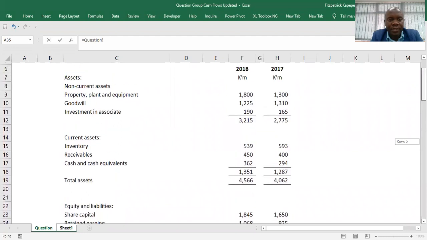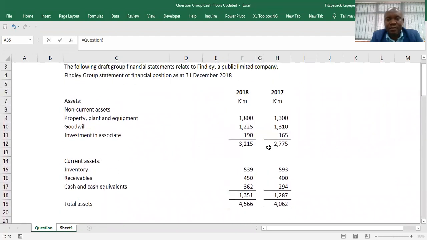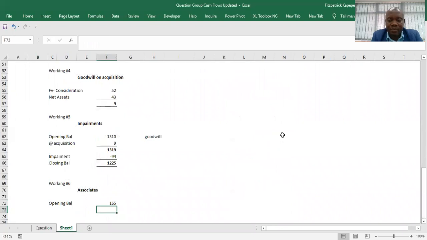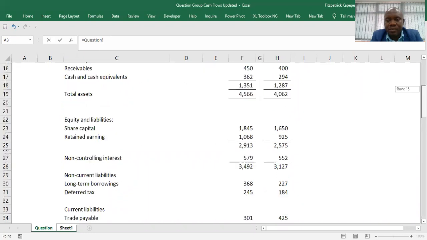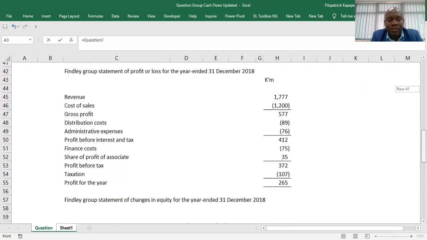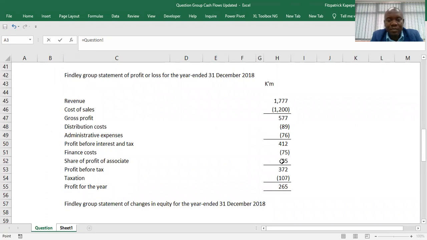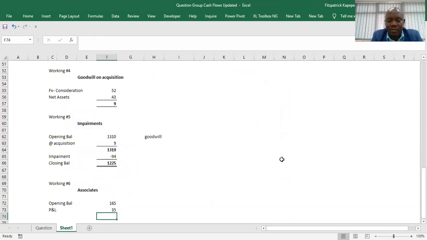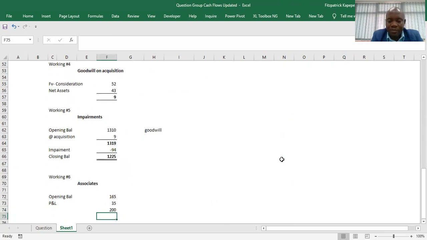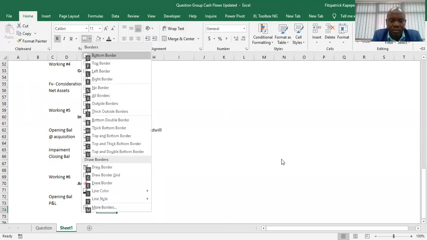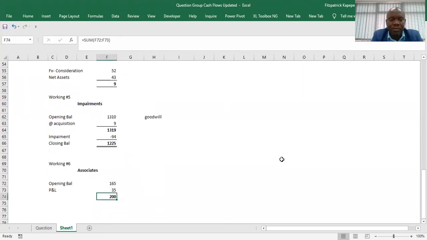When we check, it's under the investments, which is that. Then additions from the P&L. That total gives you this. This is what you expect.